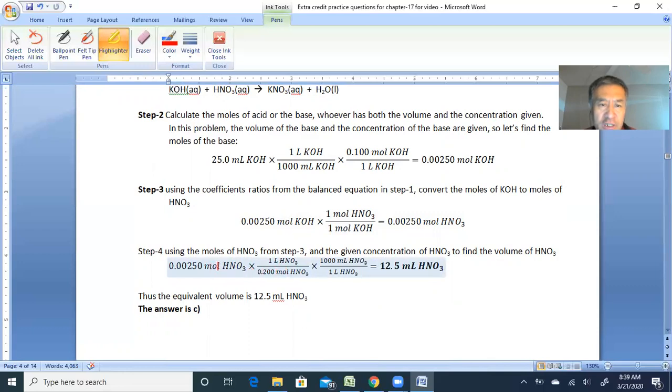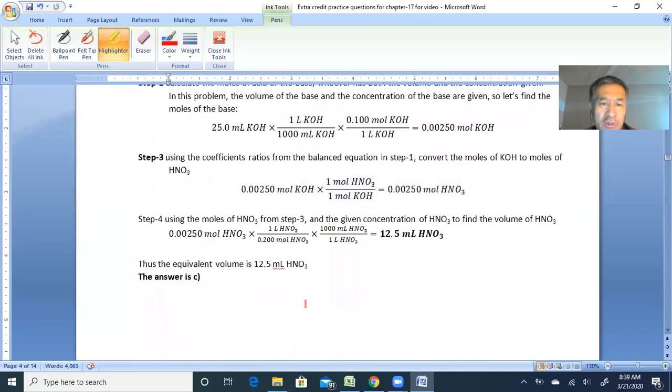You can see the mole cancels out, we get liter. So we want to see the milliliter, so therefore we use the last fraction, 1 liter equals 1,000 milliliter. So we have 12.5 milliliter of HNO3. So therefore the equivalence volume is 12.5 milliliter of HNO3, and the answer is C.